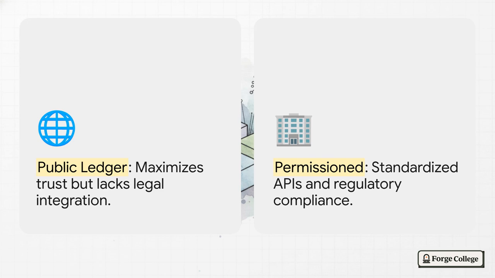A fully public ledger maximizes trust minimization, sure, but it completely lacks the legal integration needed for this specific sector. On the flip side, a permissioned network gives you standardized APIs, known participants, and actual regulatory compliance. So, for trade finance, a permissioned network is almost always the winning architectural blueprint, simply because the current legal frameworks just aren't ready to accept public, permissionless settlement for these types of instruments.